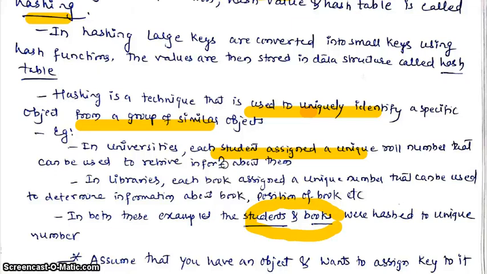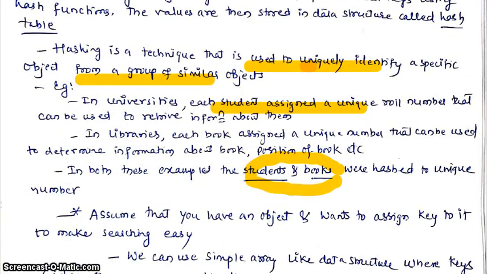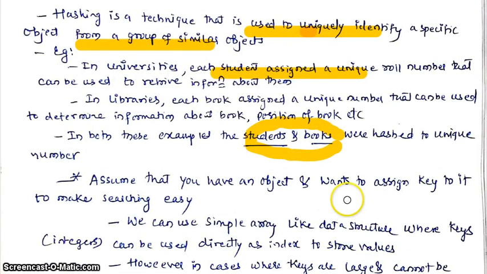That is called hashing. Basically this hashing technique helps you to make searching easy. Instead of giving the name or the book name, the entire information, I can make that entire information be stored in a number. With that number I can retrieve the information.